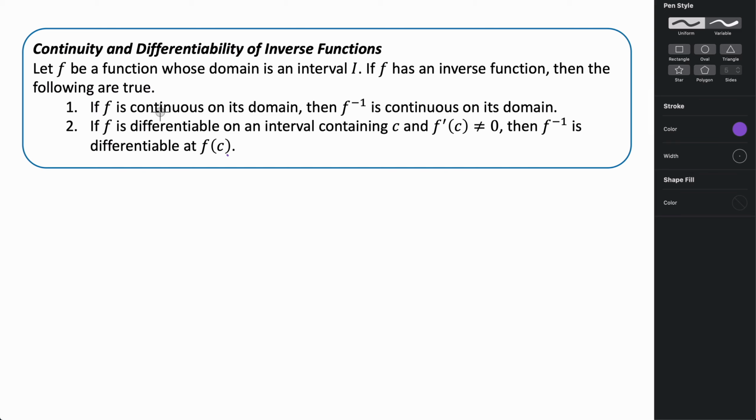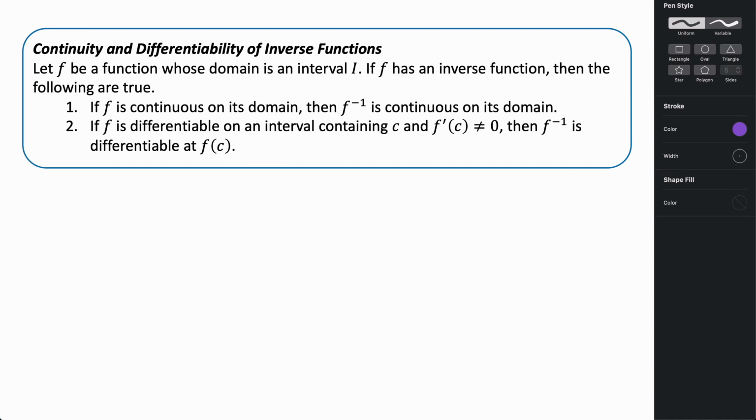If our original function is continuous on its domain, then the inverse will be continuous on its domain. And if the original function f is differentiable on some interval containing the point c, and the derivative of our function at c is not 0, then the inverse will be differentiable at f of c.